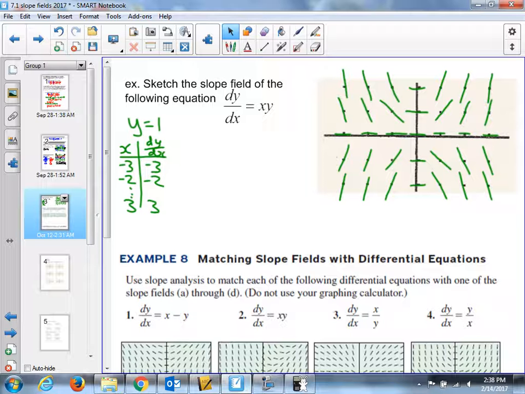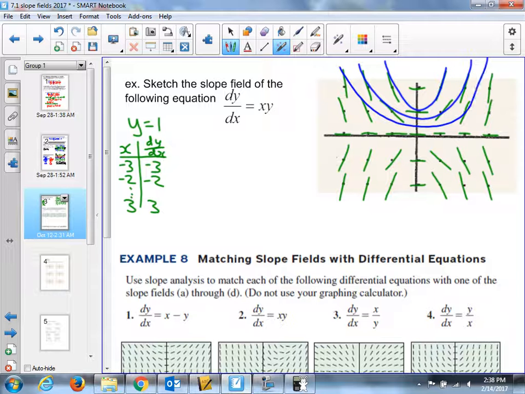What does this suggest? If you had a solution that was including a y value above 0, so greater than 0, this kind of looks like this family of curves, this, or this one, etc., right?